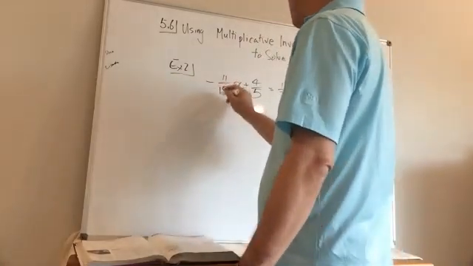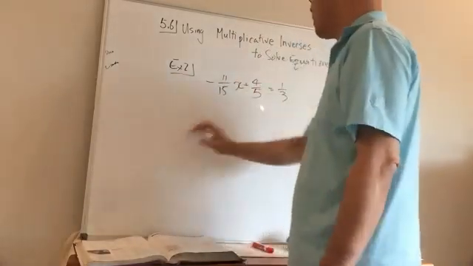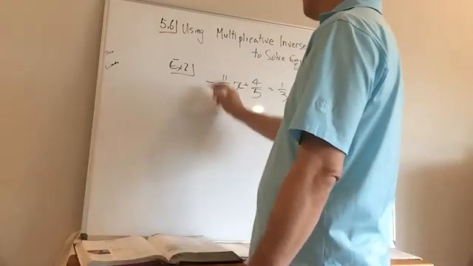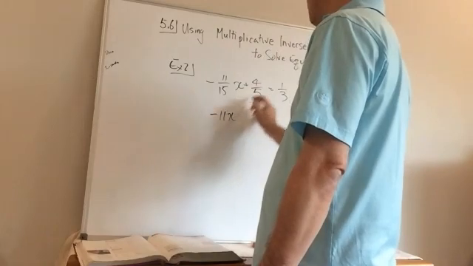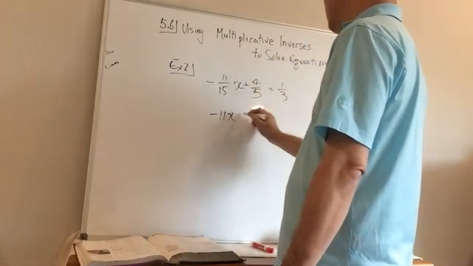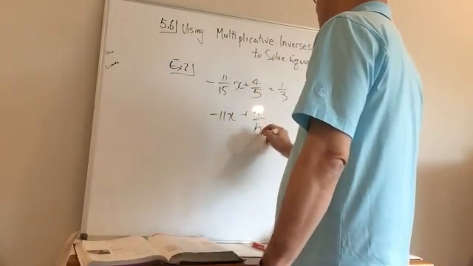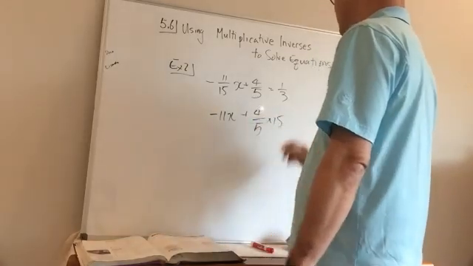I'm going to multiply everything by 15, right? So I'm going to multiply this term by 15, and I end up with negative 11x. If I multiply this term by 15, I'm going to get this times 15.